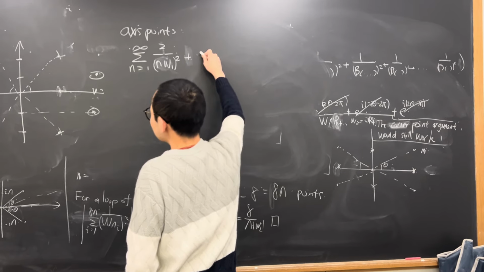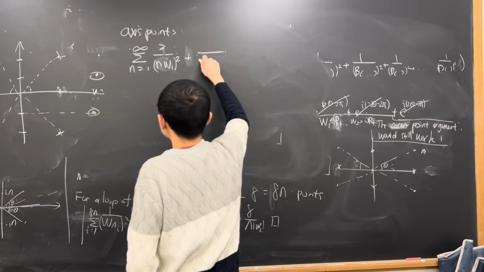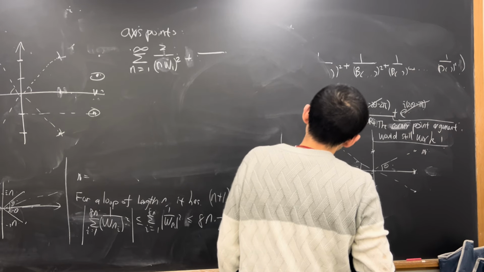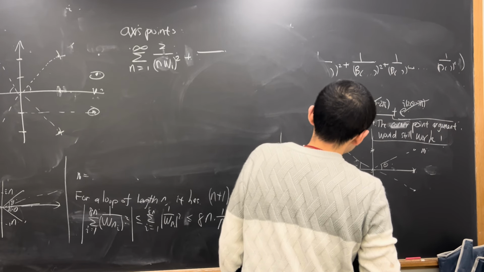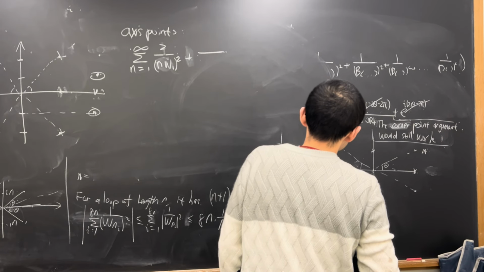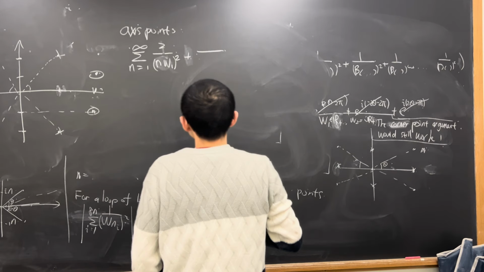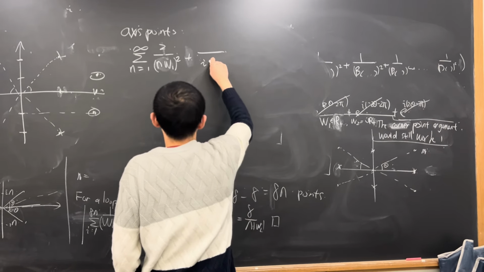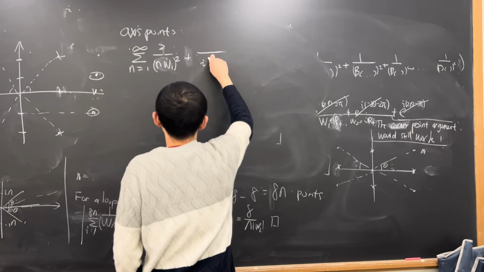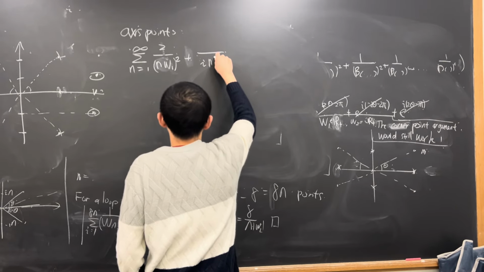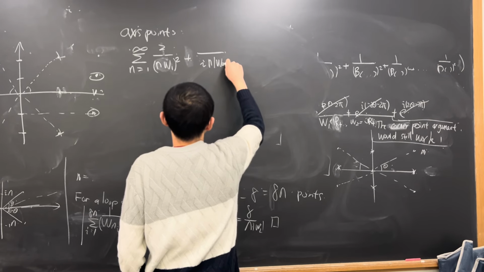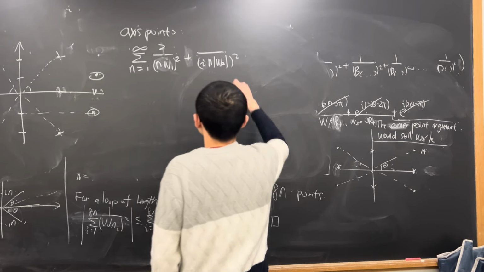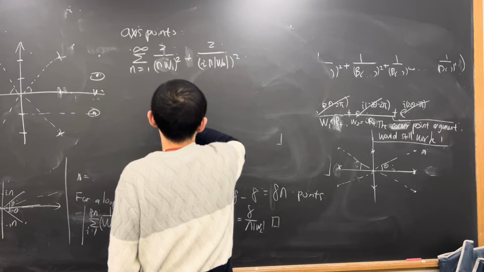And then plus. So now you have n times some imaginary numbers, right? So maybe I write I times n times the modulus of omega 2 squared, and then 2 copies of them.